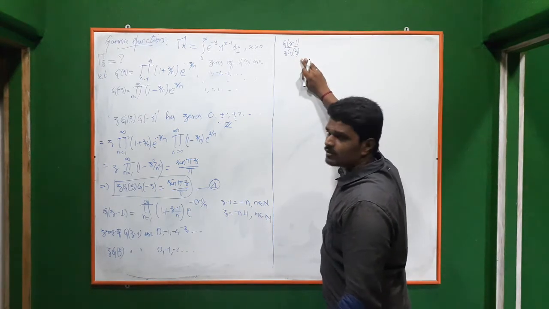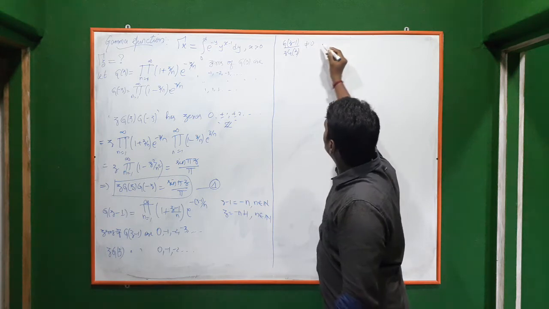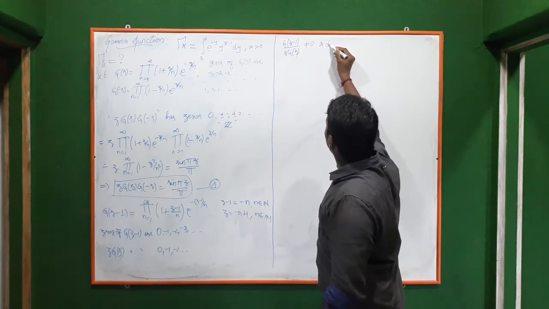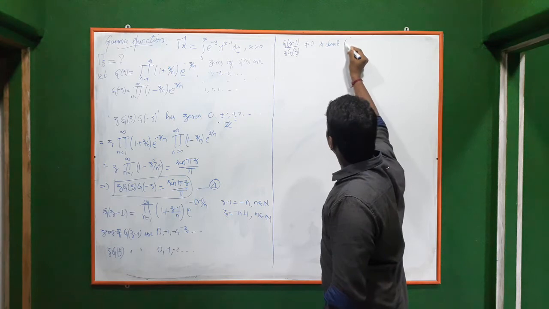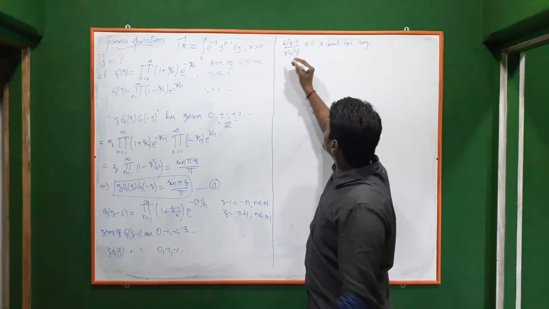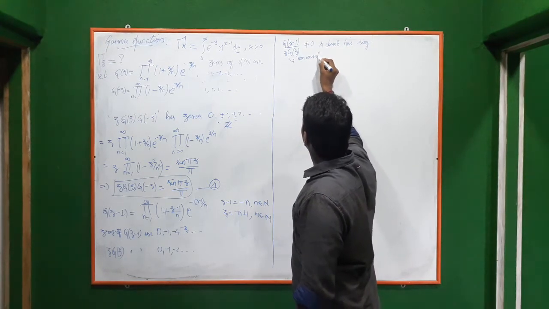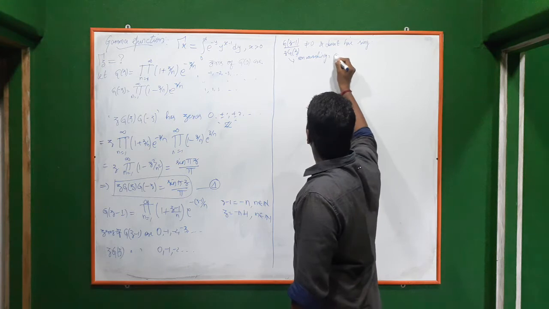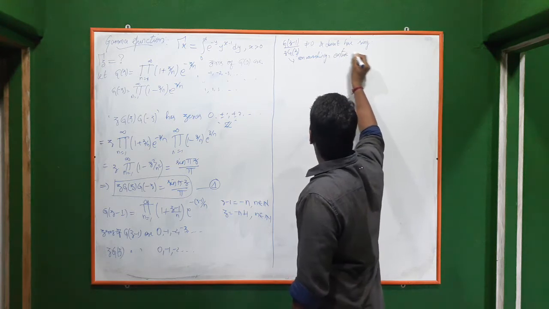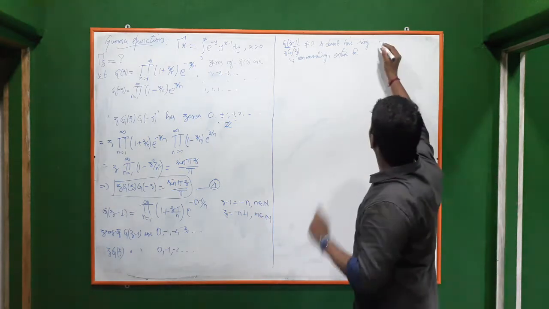Because this is never 0 and doesn't have poles, doesn't have singularity, this is a non-vanishing entire function. Correct? Non-vanishing entire function. So call it some k of z.